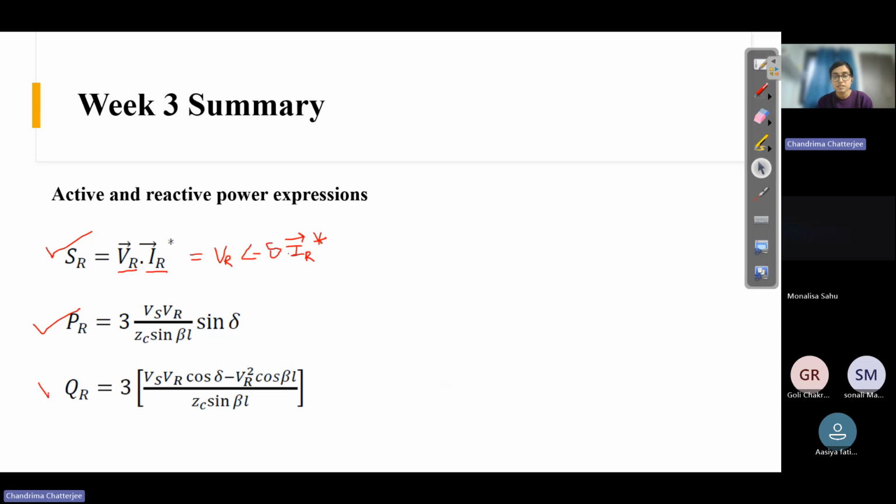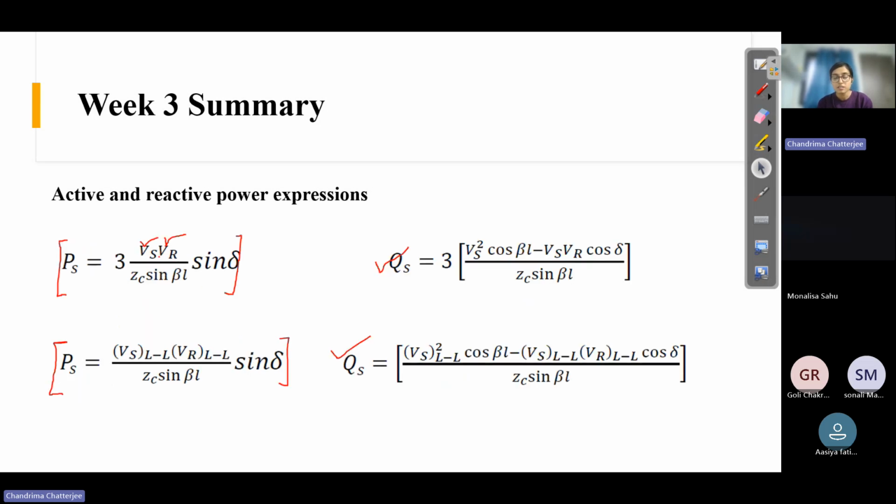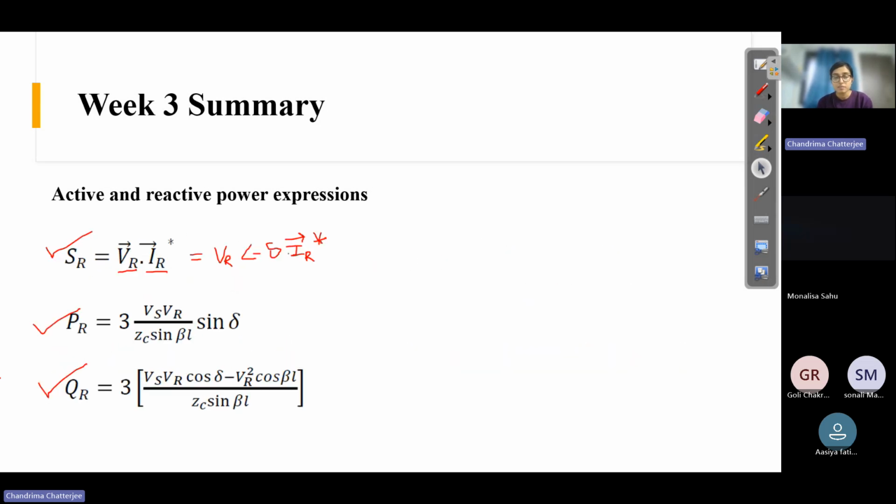Now one interesting thing is, if you remember, the sending end active power expression was also the same. It was 3 VS VR by ZC sin beta L sin delta. So this expression and this expression, they are the same, because we have assumed a lossless line, so there is no loss in the active power. For a lossless line, PS equal to PR.